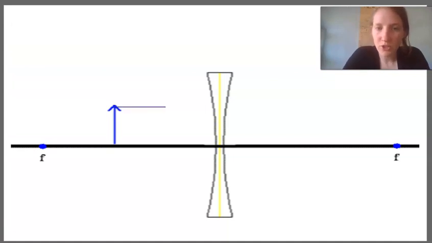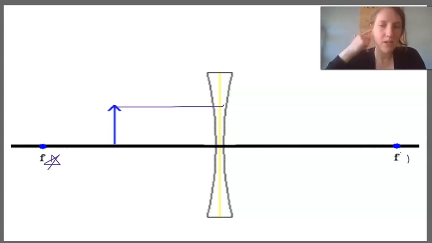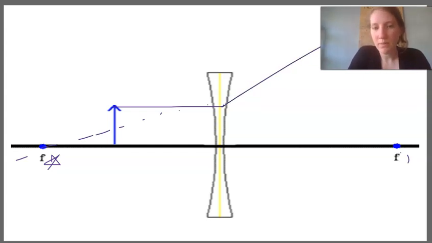So, top of the object straight to the middle of my lens, that principal axis, and then this is our primary focus point. This is the secondary one. So now I'm going to do a dotted line that lines up perfectly with that one. The dotted line goes through here, and then a straight line this way. If the dotted line confuses you, just do a straight line, that's fine.